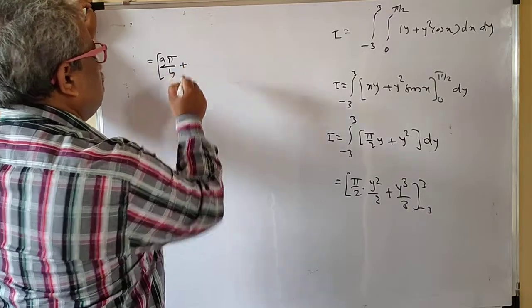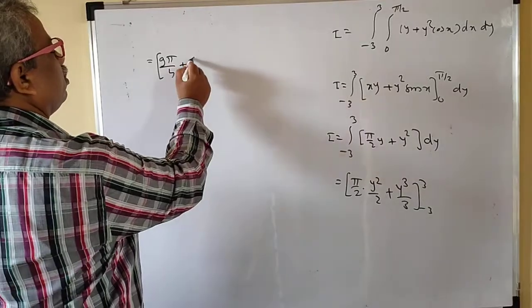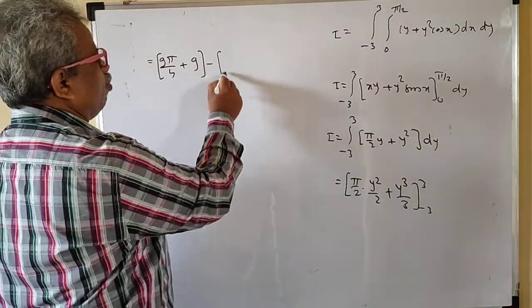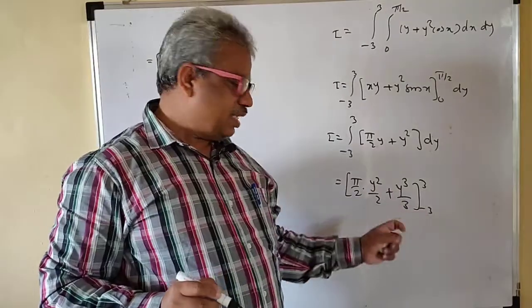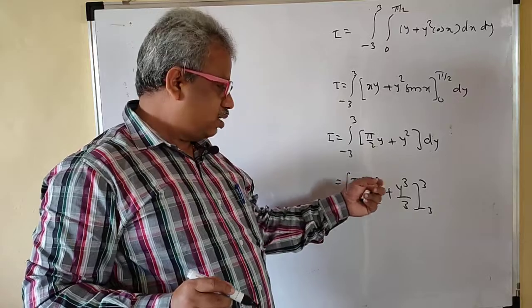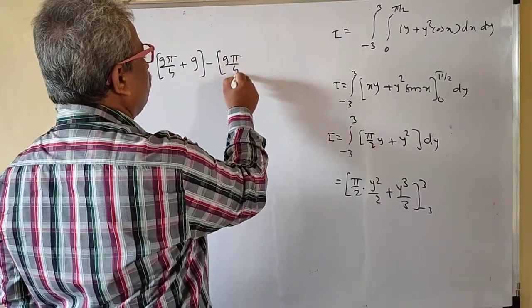Then plus, 3 cube upon 3 means 3 square. 3 square means 9. Minus. Put y is equal to minus 3. So it becomes the square, right? So minus 3 square is 9. So plus 9 pi by 4.